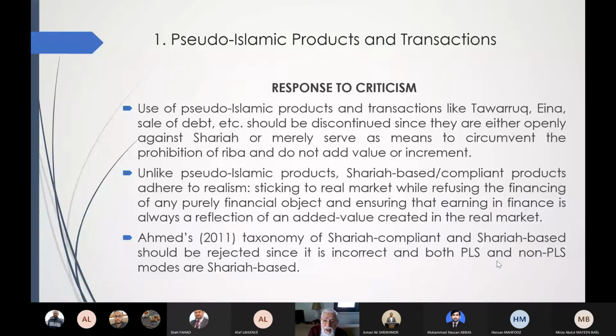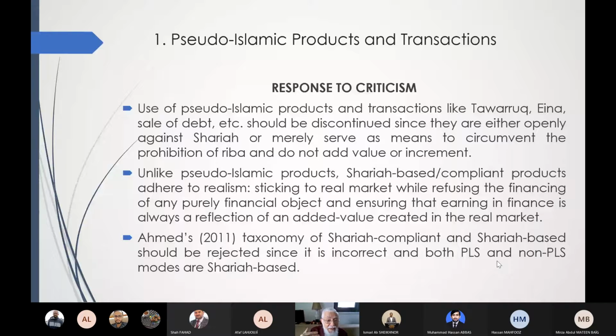No, it cannot be. And the Prophet, guided by the wahi, cannot be contradicting himself. And definitely the hadith of نهى رسول الله صلى الله عليه وسلم عن بيع العينة is correct and acceptable and must be implemented. So the issue of Ina and Tawarruq is probably the most serious among all these issues.